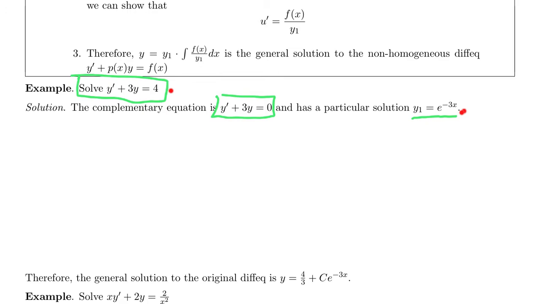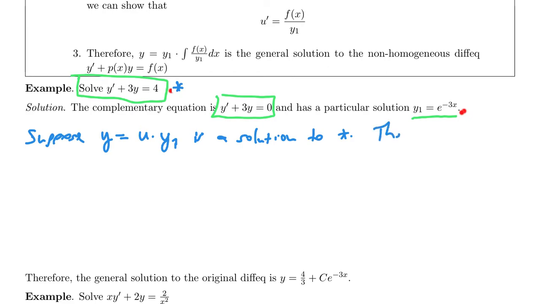And so the modification that we try is to just multiply it by something. So suppose multiplying y1 by some function u provides a solution to the original equation, the non-homogeneous equation.